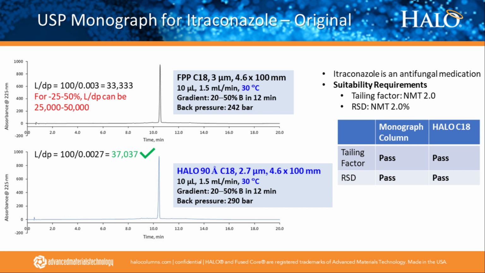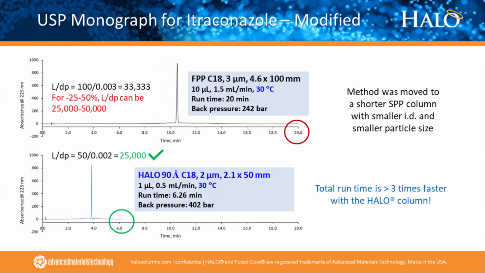In terms of speeding up, the method was moved to a shorter SPP column with both smaller ID and smaller particle size. In this case, we moved to a 2 micron Halo C18 in 2.1 by 50 millimeter dimension.